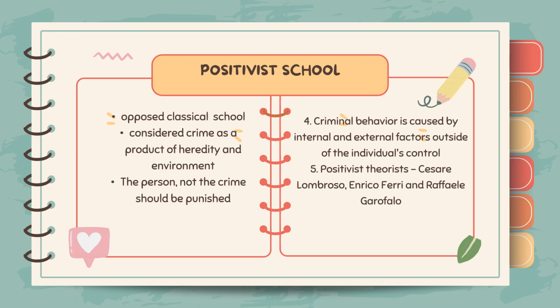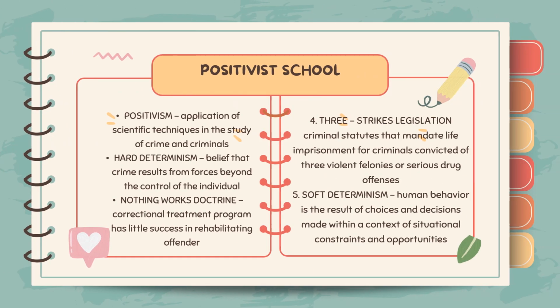And criminal behavior is caused by internal and external factors outside of the individual's control. And these are the proponents of positivist: Cesar Lombroso, Enrico Ferri, and Rafael Garofalo, who are considered as the Holy Trinity. Another name for this school of thought is the Italian school.